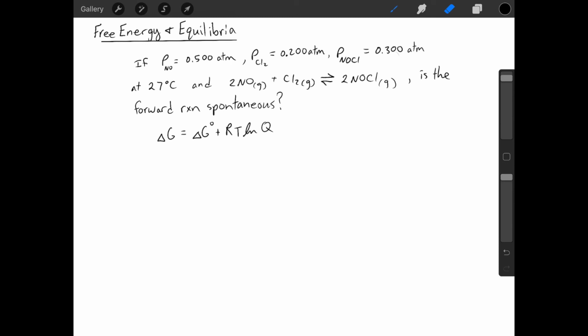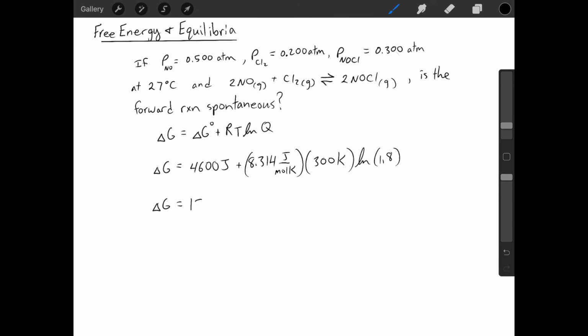And then we have the ln of our Q value, which is just the ln of 1.8. And if we grind all that math out, we find that delta G is 1,512 joules. And delta G is positive, so the reaction is non-spontaneous under these conditions.